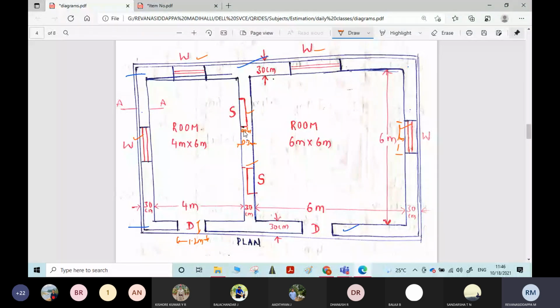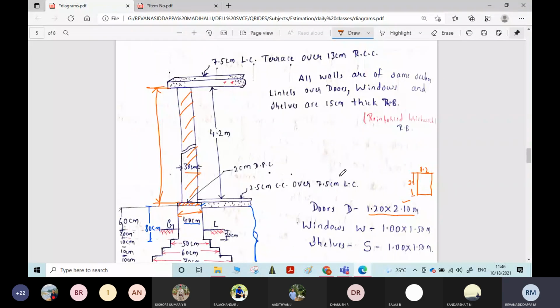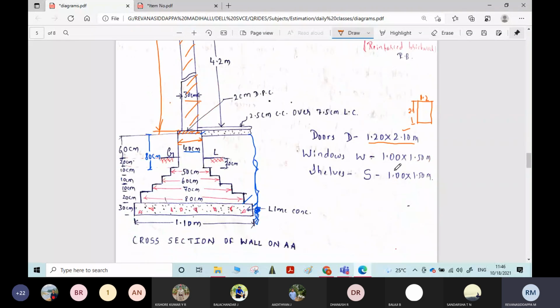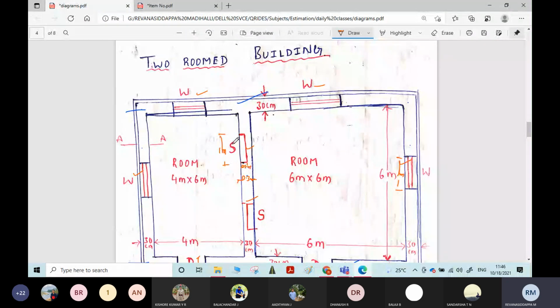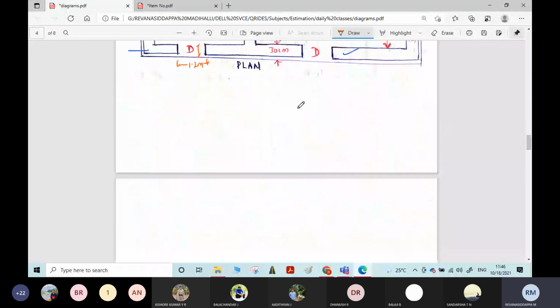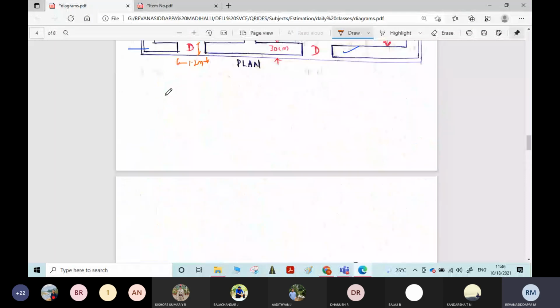The length of the shelf is given in the problem as 1 meter. The thickness is 0.2 meter and the height of the shelf opening is 1.5 meter. How many shelves are provided?